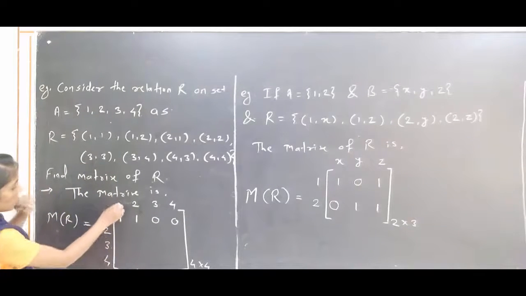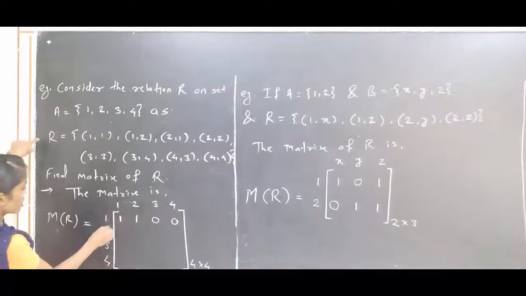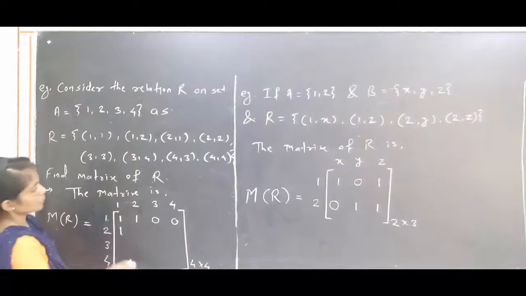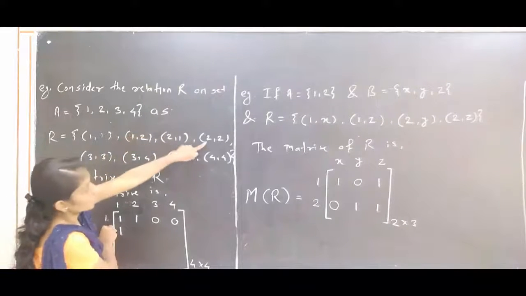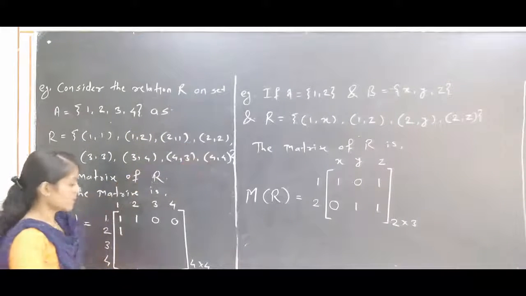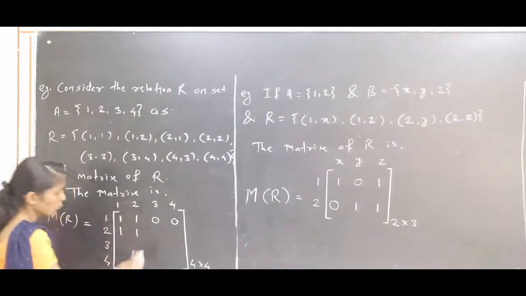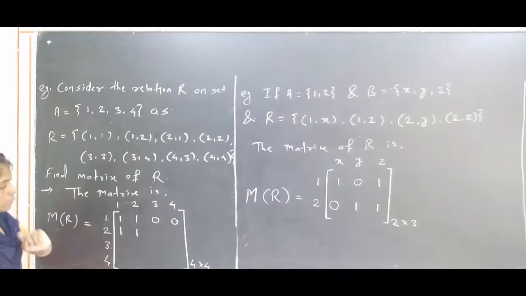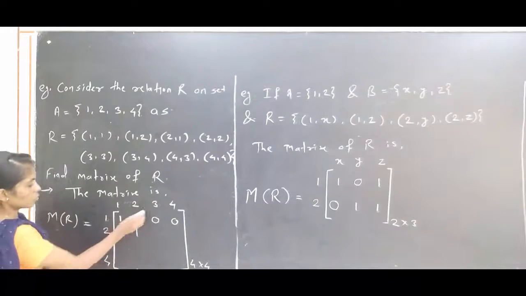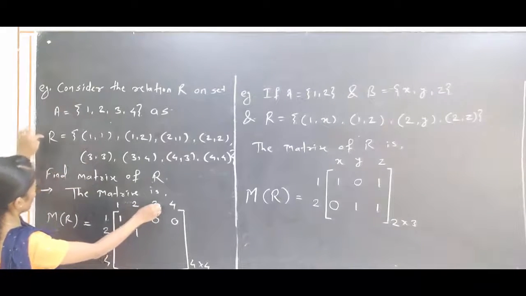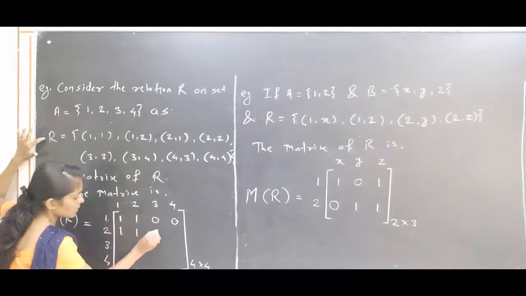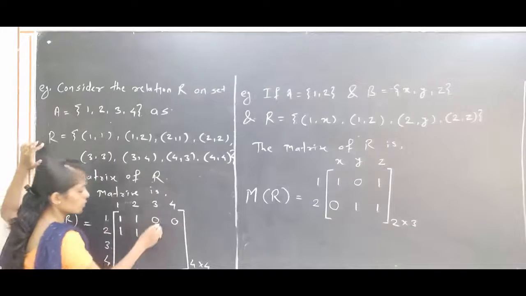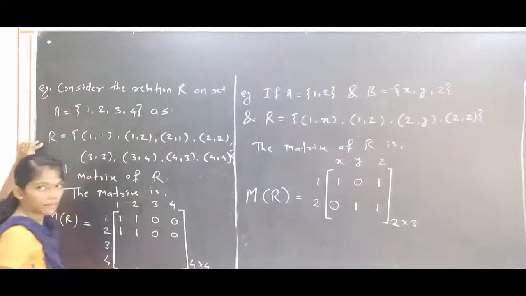Now (2,1), yes, (2,1) belongs to relation R, so mark this entry 1. Then 2 related to 2, so (2,2) belongs to relation R, so mark this entry 1 again. Now (2,3) does not belong to R, so mark this entry 0. (2,4) also doesn't belong to R, so 0.